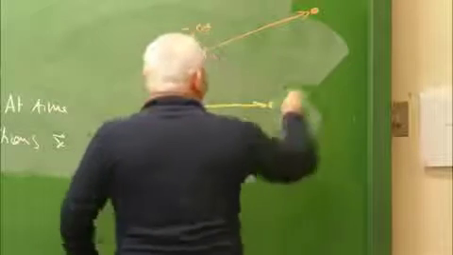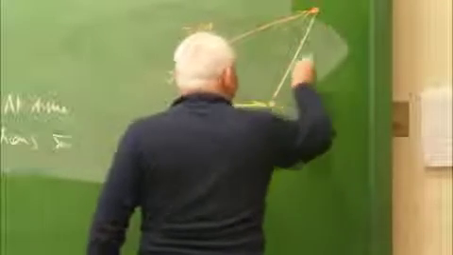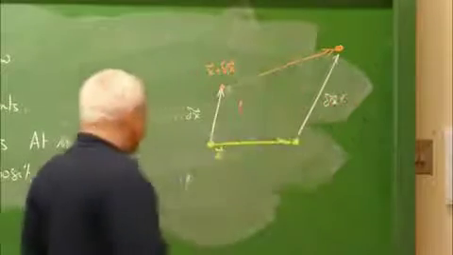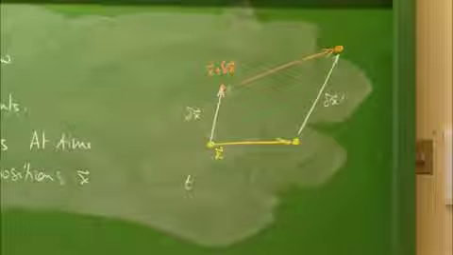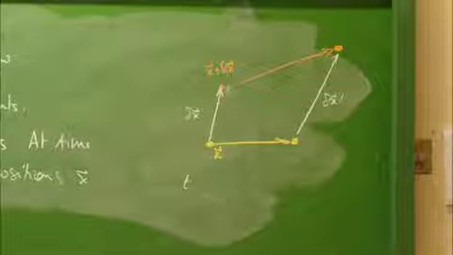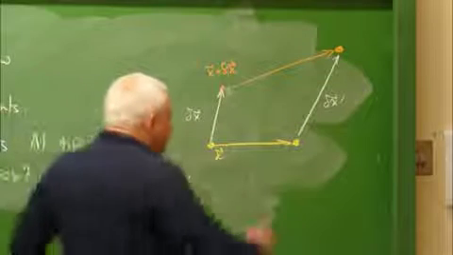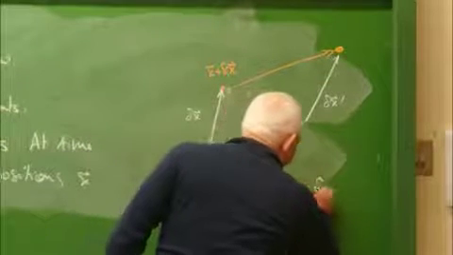So the new vector that joins them is like that. I will call this new vector delta x dashed. This is now at time t plus delta t.